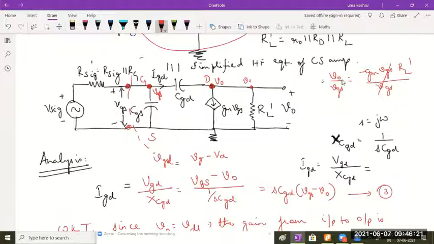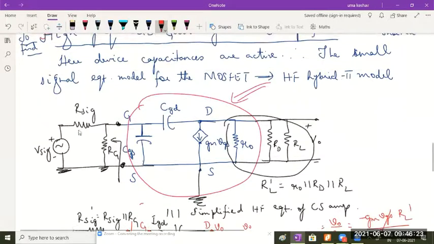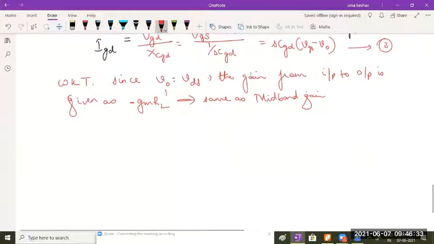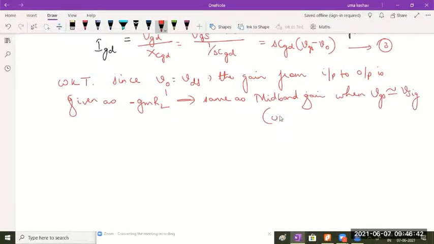Why am I saying almost? Because we haven't accounted for Vsig being different from VGS. If Vsig and VGS are almost the same, then it is the same as the midband gain, when VGS is approximately equal to Vsig, or you can say Rsig is very, very small.